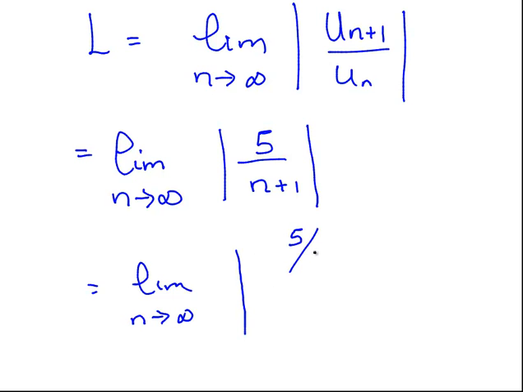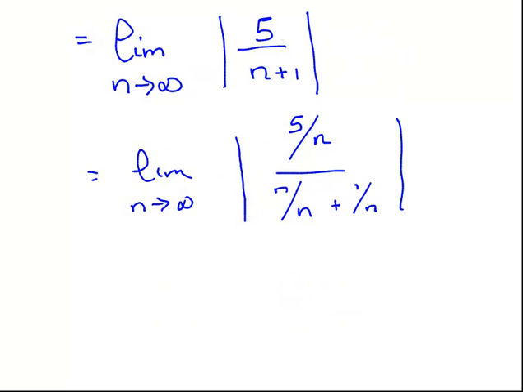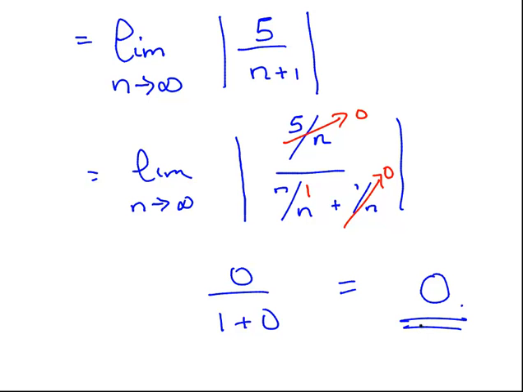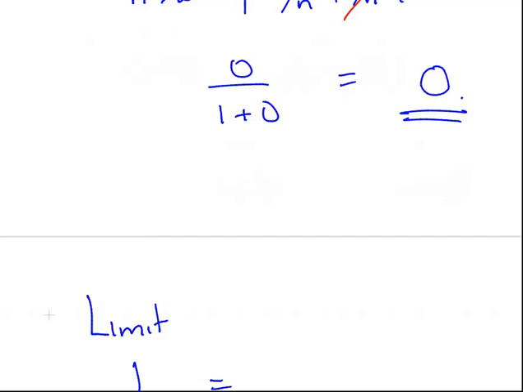We have 5 over n over n over n plus 1 over n. As n goes to infinity, the top becomes 0, n divided by n becomes 1, and 1 over n becomes 0. So we have 0 over 1 plus 0, and no matter which way you cut it, that's 0. So the limit is 0.